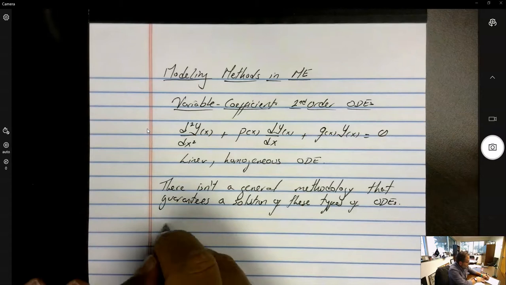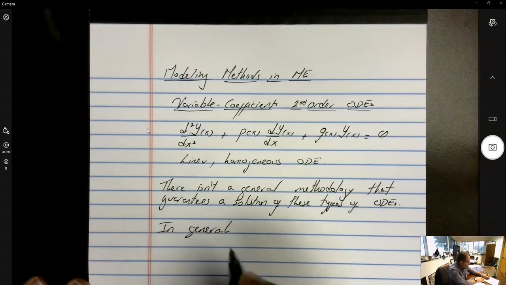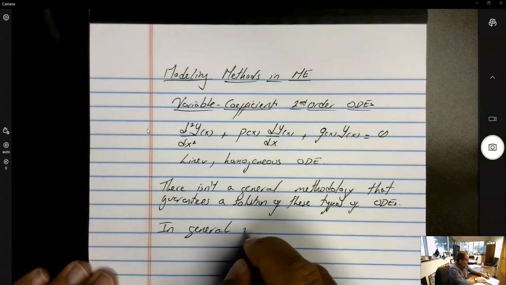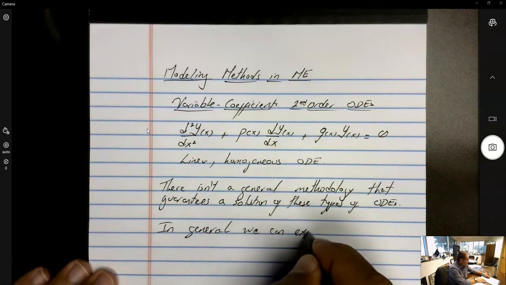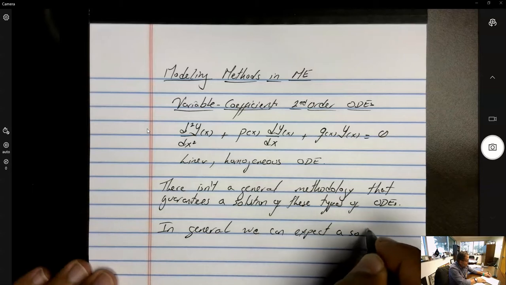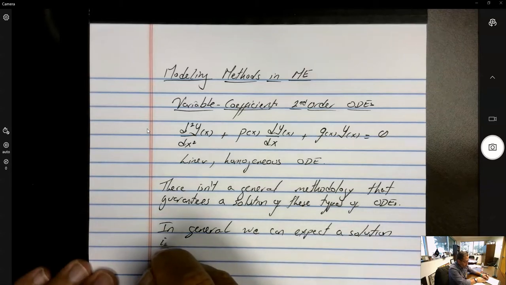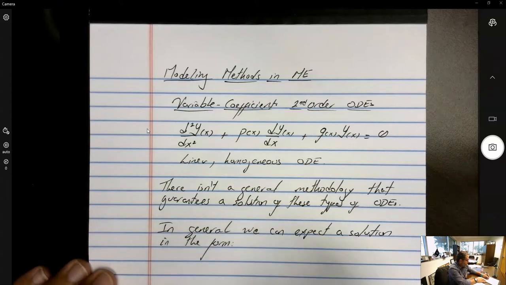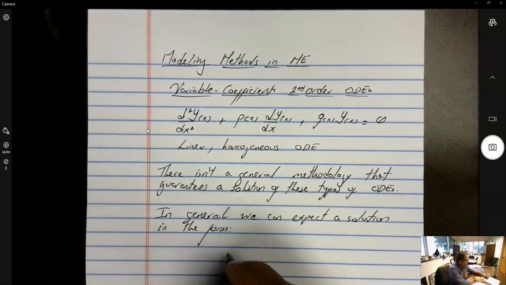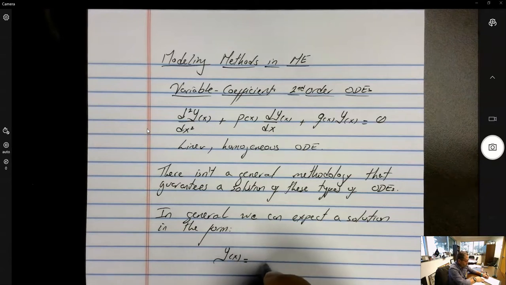In general, the only thing that we can expect is a solution in the form, so whatever the solution is and whatever the procedure or the method to get us there, we can expect the solution to be sort of like a combination of two functions, f and g, separated by two constants of integration, because this is a second order equation, and therefore there's an implicit double integration that would lead us to the answer.